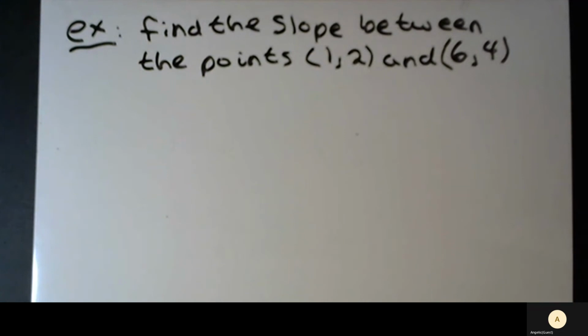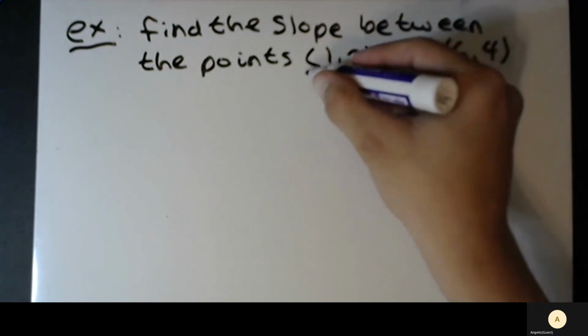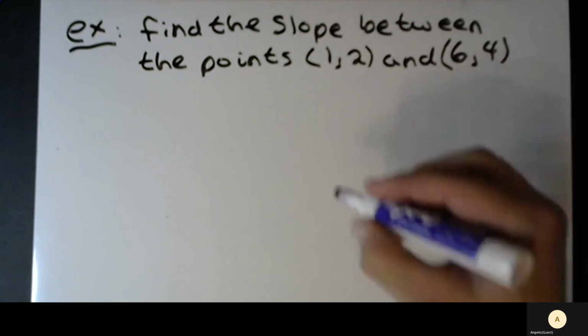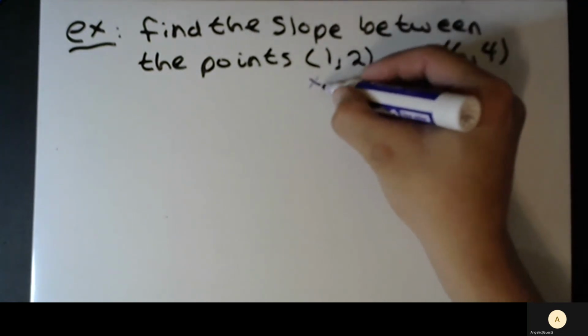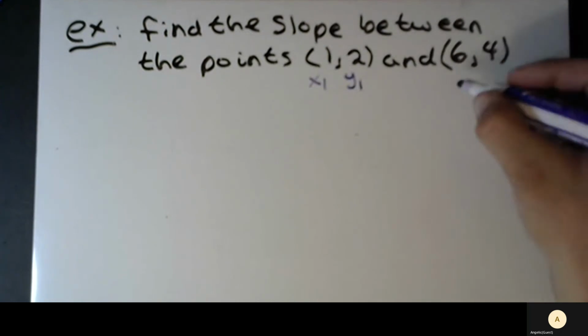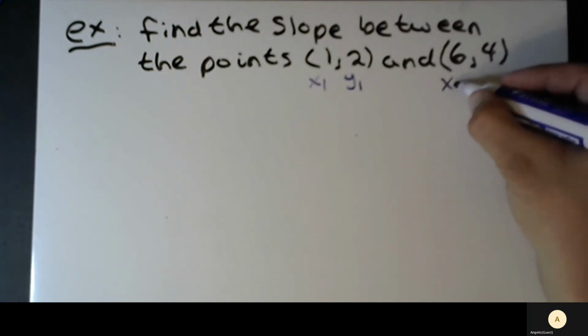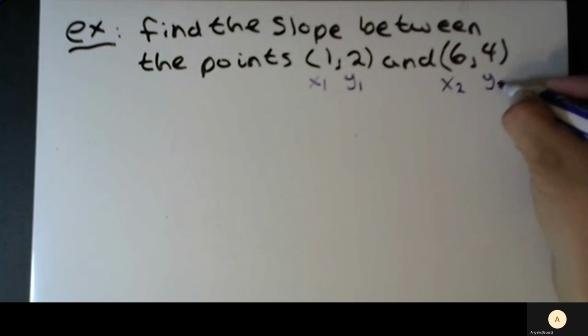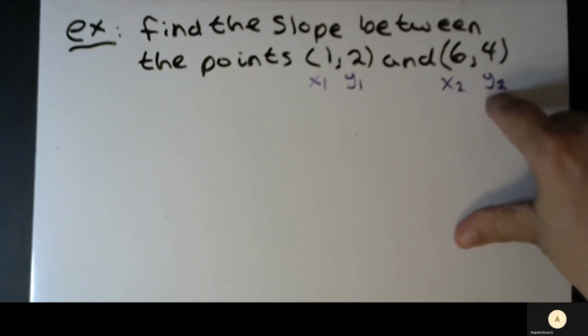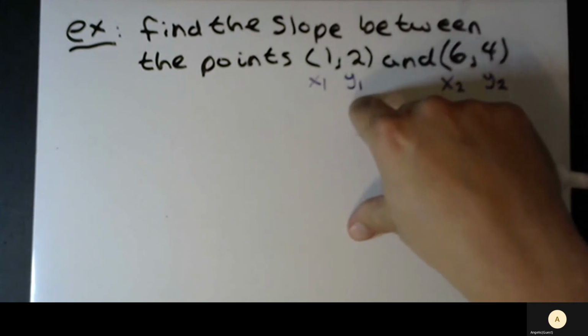So one thing I recommend with this is decide on which point's your first point and your second point, and then label the coordinates. So this would be x1, y1 if we call this the first point, and this would be x2, y2. Now, if you wanted to, you could call this one x1, y1, and this one x2, y2.